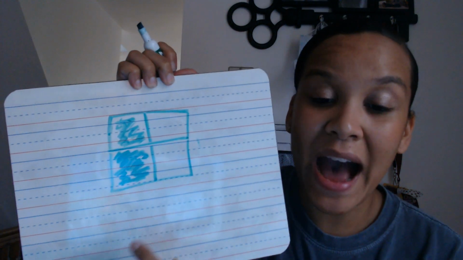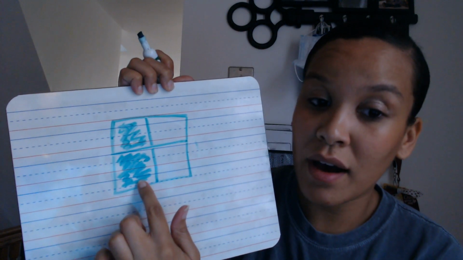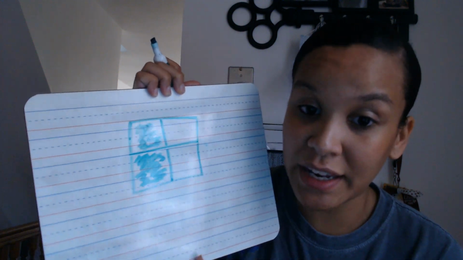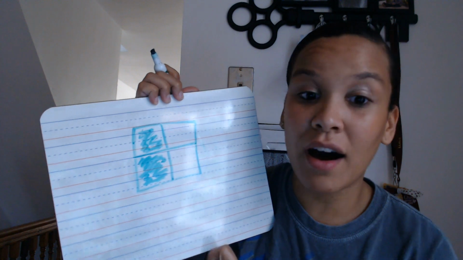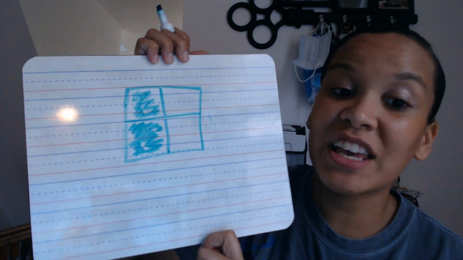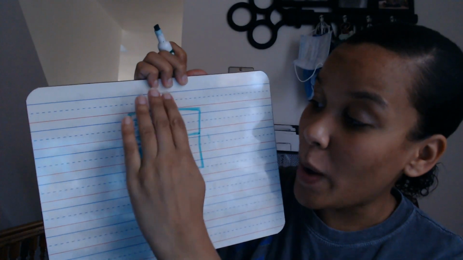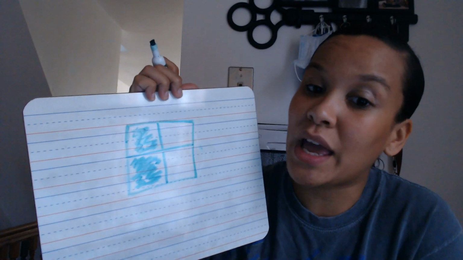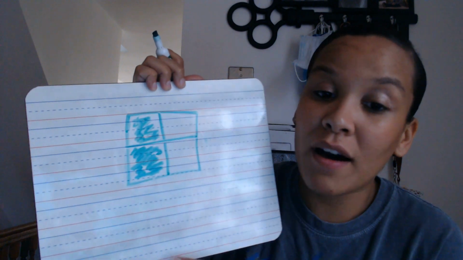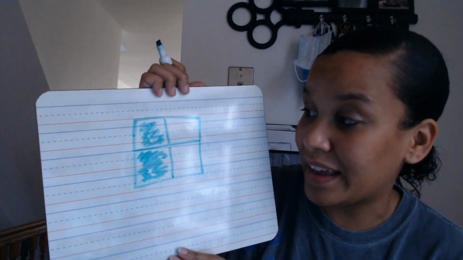So now I have 2 of my 4 parts shaded in. But as you can see, half of this square is shaded in. So half of the square is shaded in. So I would also say 1/2 of the square is shaded in.